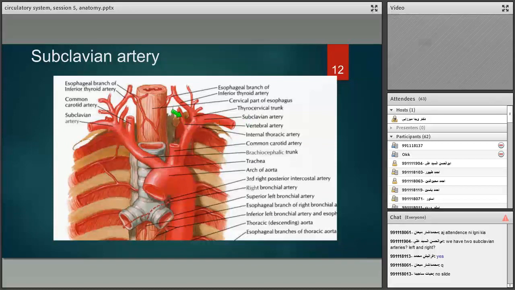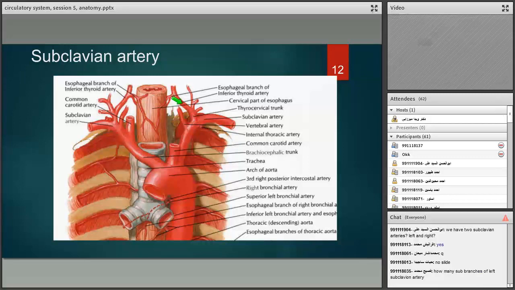The vertebral artery here is the artery for the vertebrae, entering the skull and also sending branches to the brain. This is the internal thoracic artery, and this is the vertebral artery, and this one is the thyrocervical trunk.